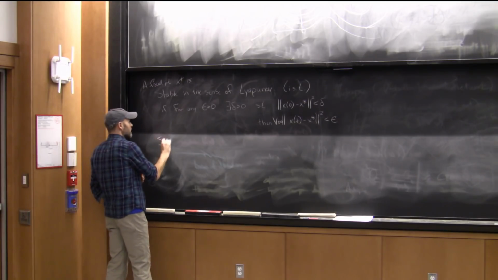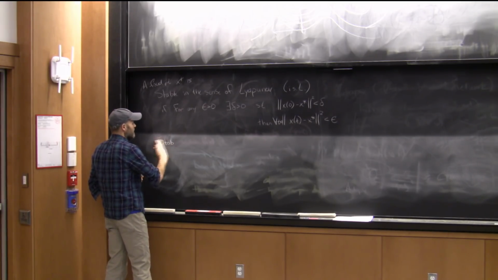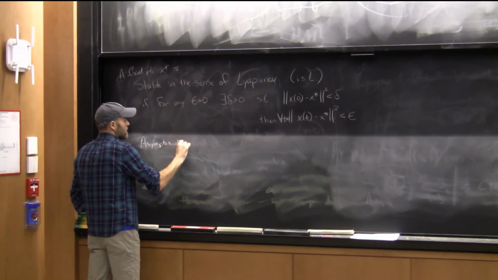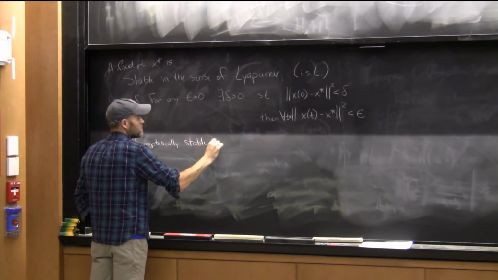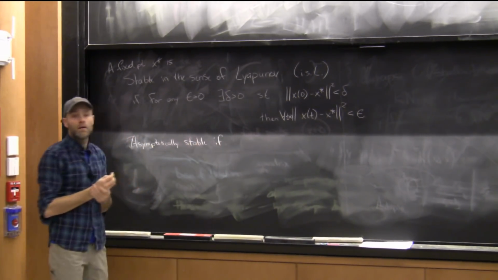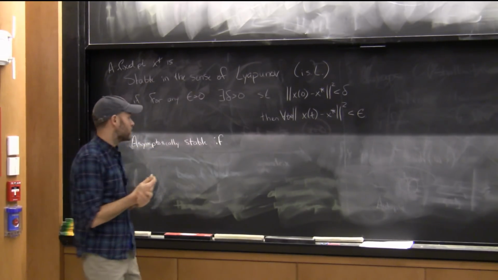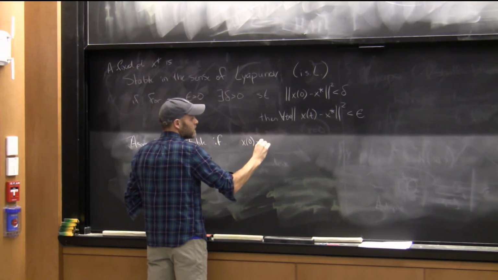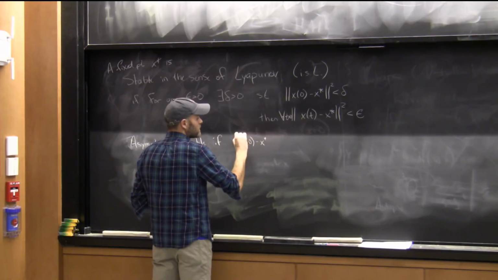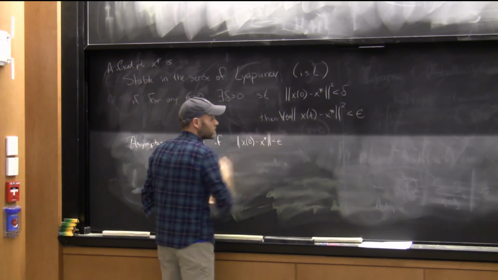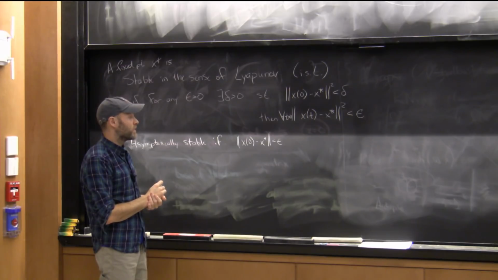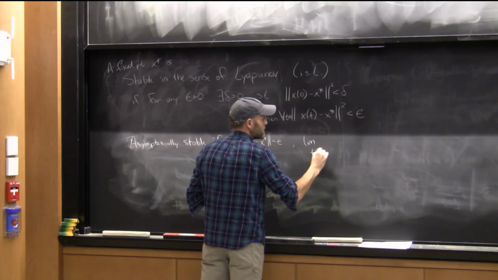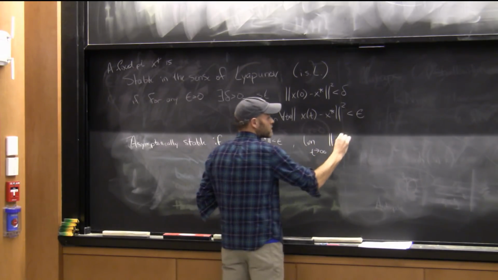That's different than being asymptotically stable. Asymptotically stable means that if x at time 0 minus x star starts close to the origin, then the limit as time goes to infinity, that thing has to go to 0.